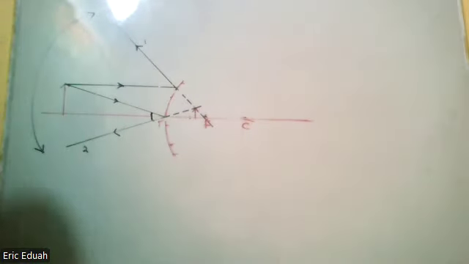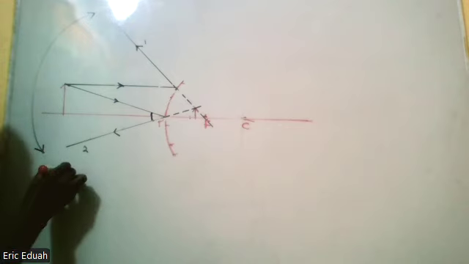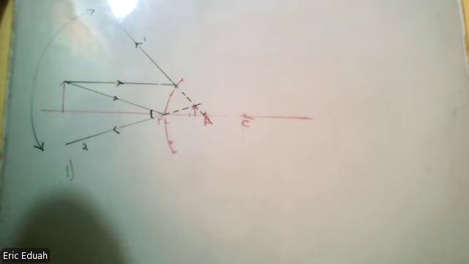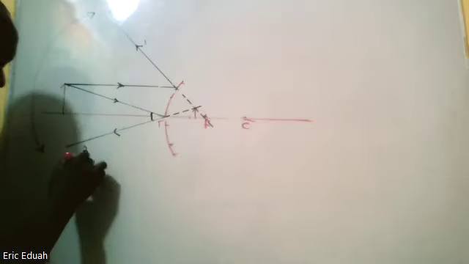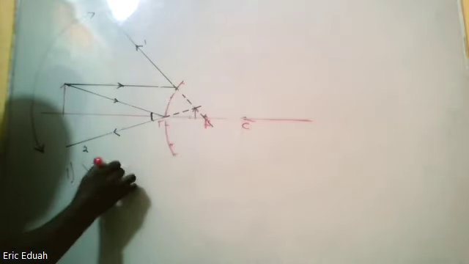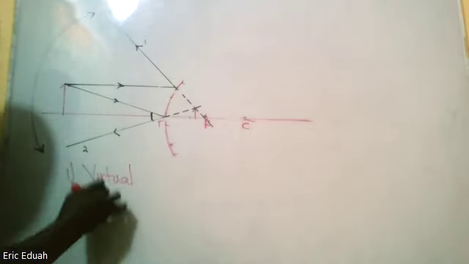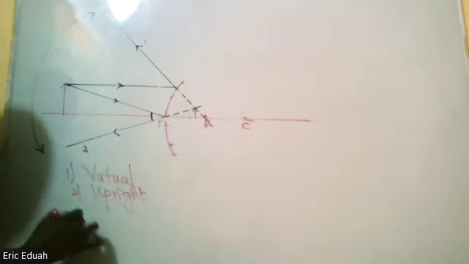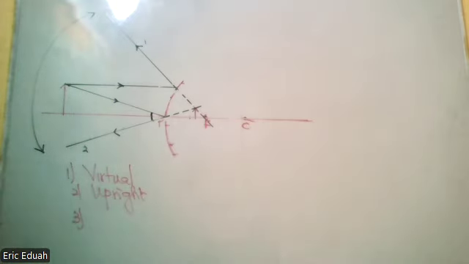So let's describe this image. One, image formed is virtual and upright, or erect. Three, what is the third description of the image?